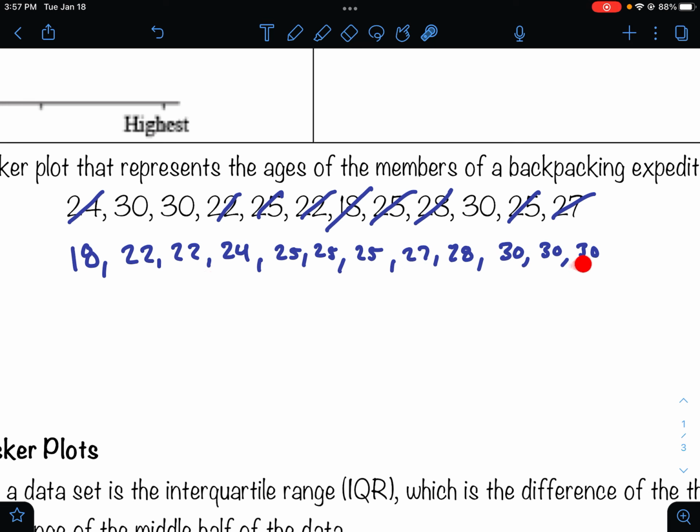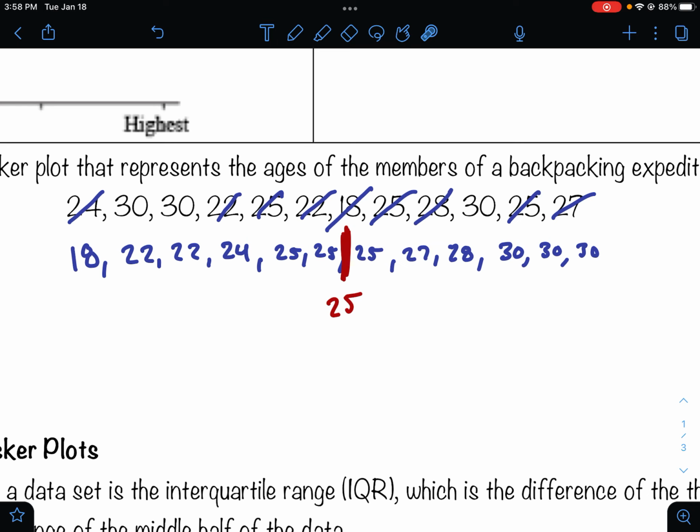Since there are 12 backpackers going on this expedition, the data set is even. So your median, when it's even, is always going to be in between two numbers. In this case, it's the middle of 25 and 25, which is just 25. But if your data were an odd set of numbers, like 13 or 15, then the median would be an actual number in your data set. Because it is even, it falls in between.